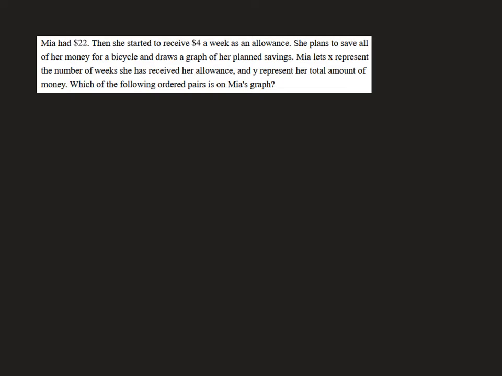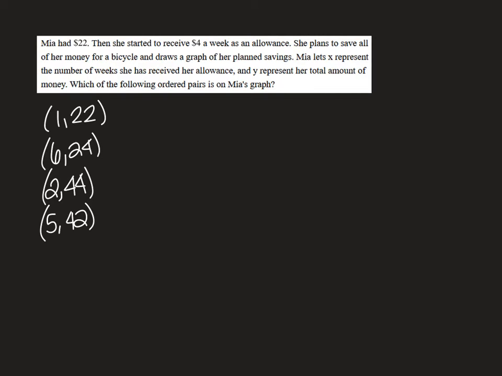And the question is, which of the following ordered pairs is on her graph? So you were given ordered pairs (1, 22), (6, 24), (2, 44), and (5, 42).